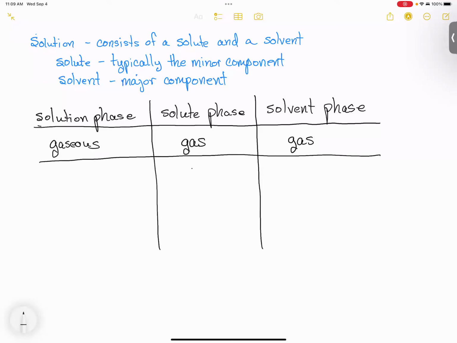Now, we can have a gas that is dissolved in a liquid. Carbonated beverages are an example of this. You have carbon dioxide that has been dissolved to make the carbonation in the carbonated beverages. And ultimately, what you observe is something that is a liquid.